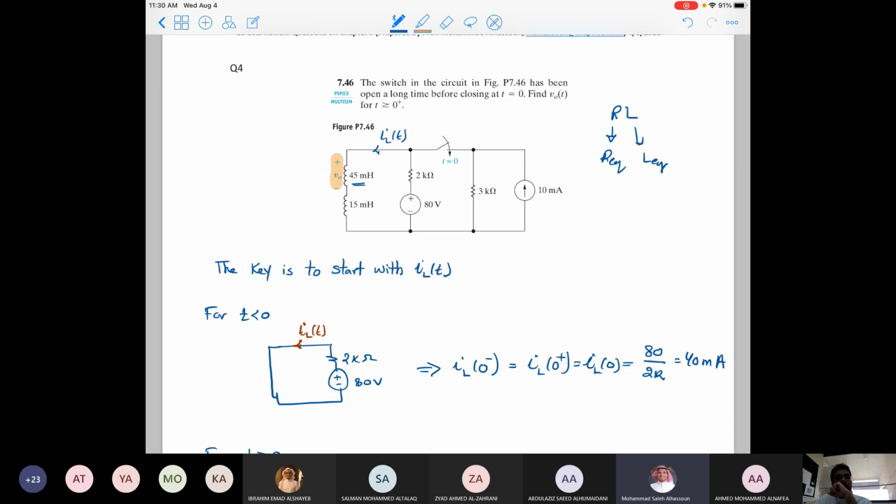It's not an individual one. There are situations where you can divide the circuit into two independent circuits, but this is not one of them. Okay, thank you.